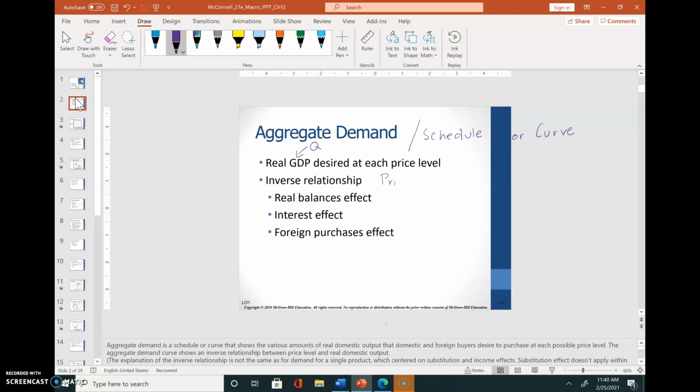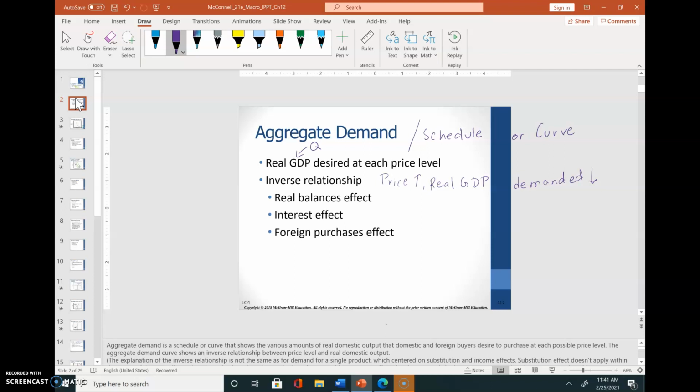That means if price increases, the real gross domestic product demanded will decrease. And this happens because of the real balances effect, the interest rate effect, and the foreign purchases effect.